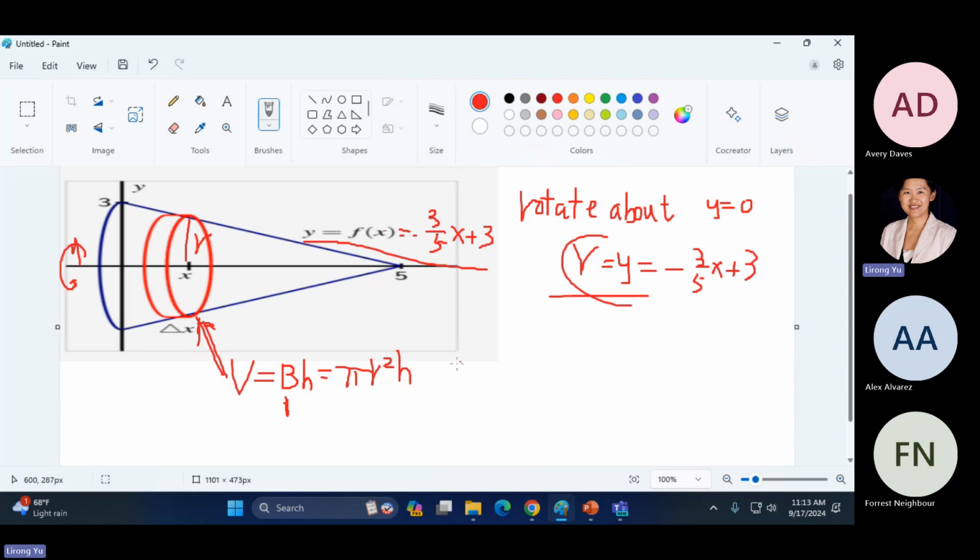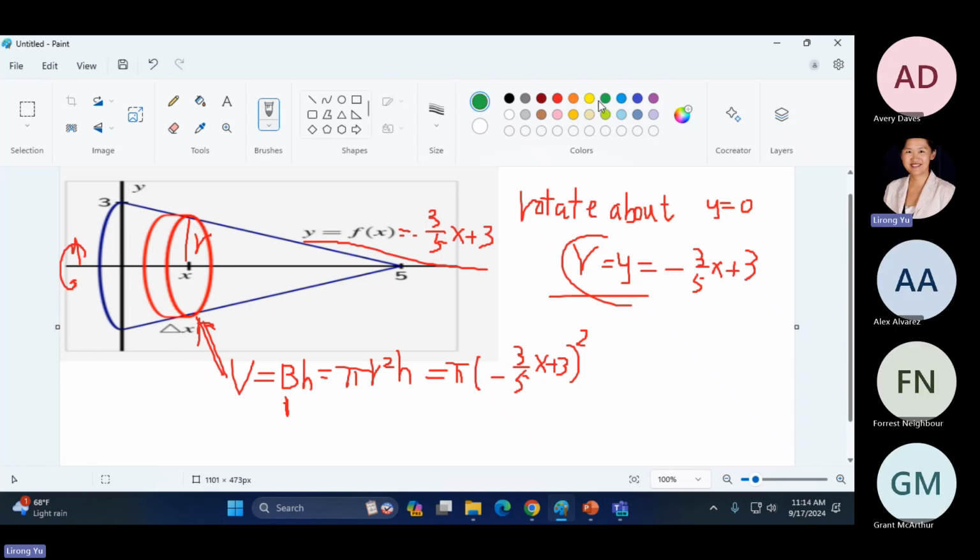So this is going to equal pi times (-3/5 x plus 3) squared, and you also have to multiply by the height. In this case, the cylinder is not growing this way, the cylinder is this way, right? The thickness of the cylinder is the height of the cylinder.